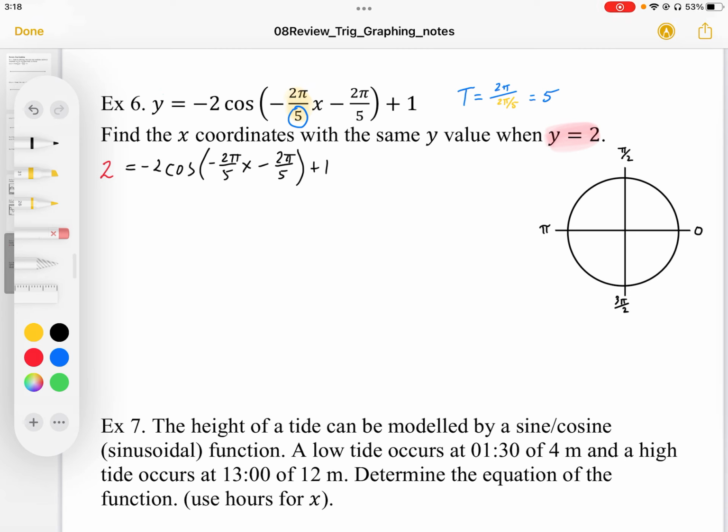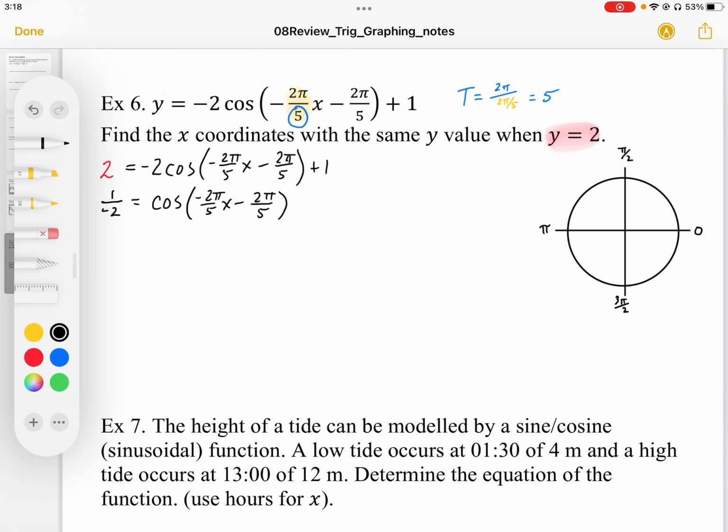And I'm going to solve this algebraically. First, I'm going to subtract 1 from both sides, and divide both sides by -2. I end up with cosine of the angle, -2 pi over 5 x minus 2 pi over 5.